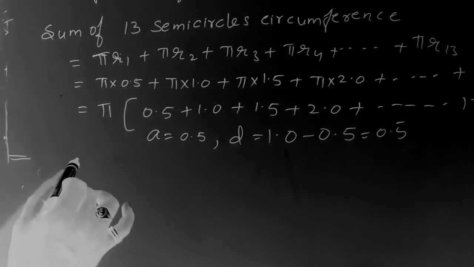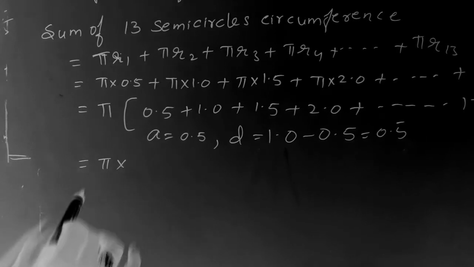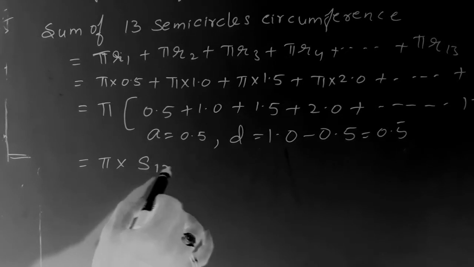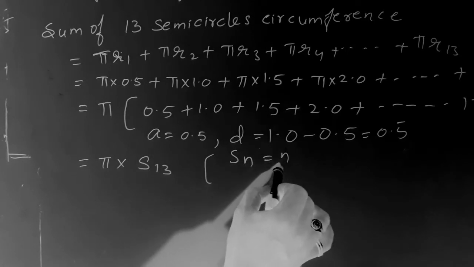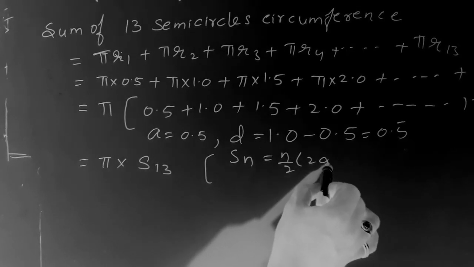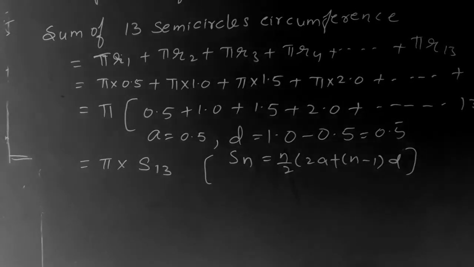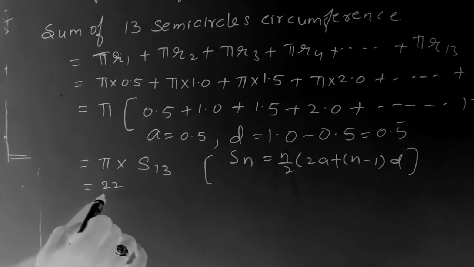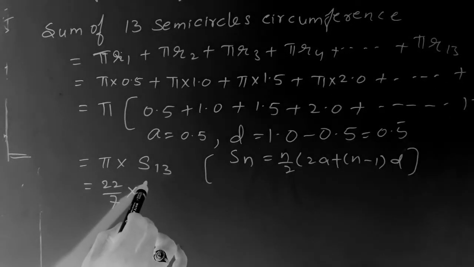Now we will solve the question. We have to find pi into S13. We know the formula, Sn is n by 2 into 2a plus n minus 1 into d. So pi means 22 by 7 into S13, the sum of the radii up to 13 terms.